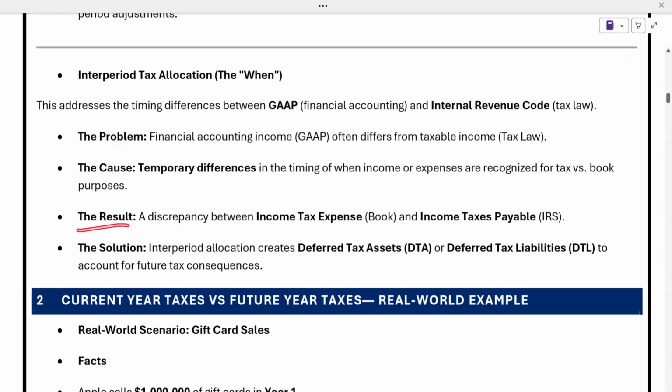This results in a discrepancy between income tax expense in the books and income tax payable to the IRS. For that, the solution is that we create deferred tax assets or deferred tax liabilities, which we will be studying in detail. But overall, you must know that this is the goal of this chapter: we need to identify what our deferred tax assets and deferred tax liabilities are.